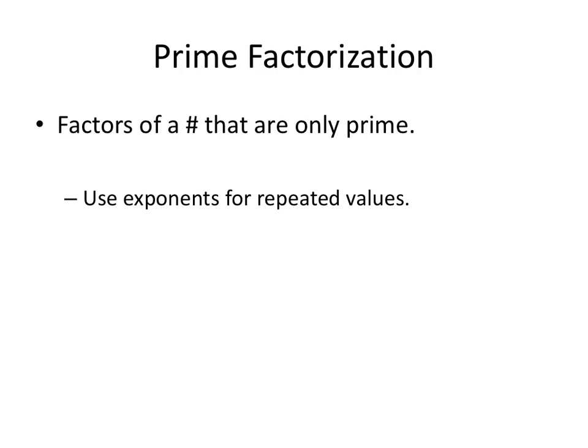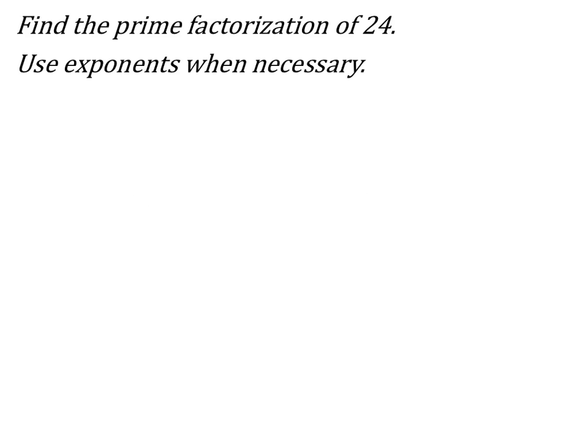Now, if any of the values repeat, we're going to use exponents. And on the homework, it may say use exponents when necessary. It may not on some of the problems. But remember, if you see repeated values, it's all multiplication, which is why we use exponents. So this first one, find the prime factorization of 24.